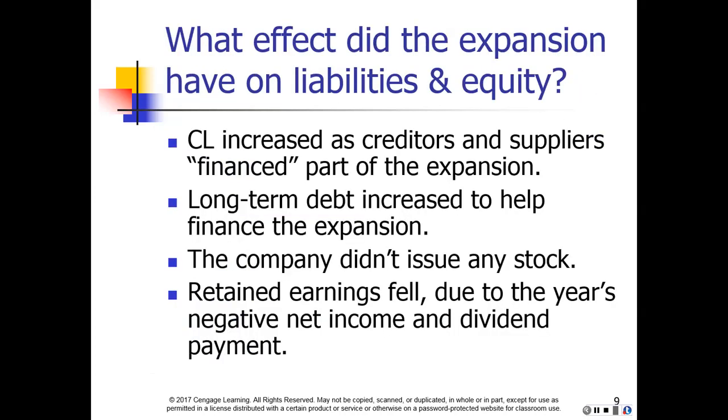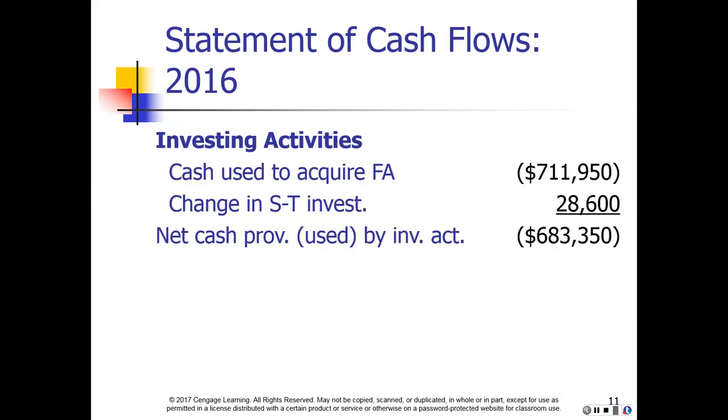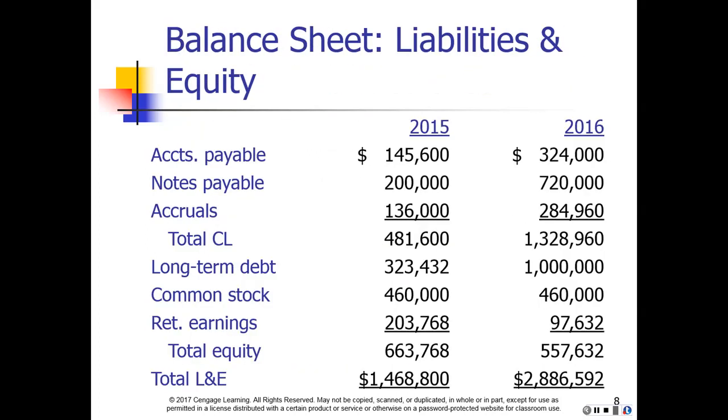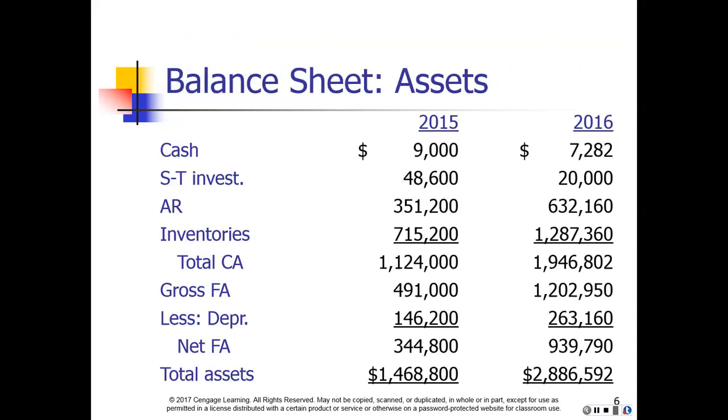Okay, let's see. Basically, it's 1,202,950 minus 491,000, and that's the gross fixed assets.